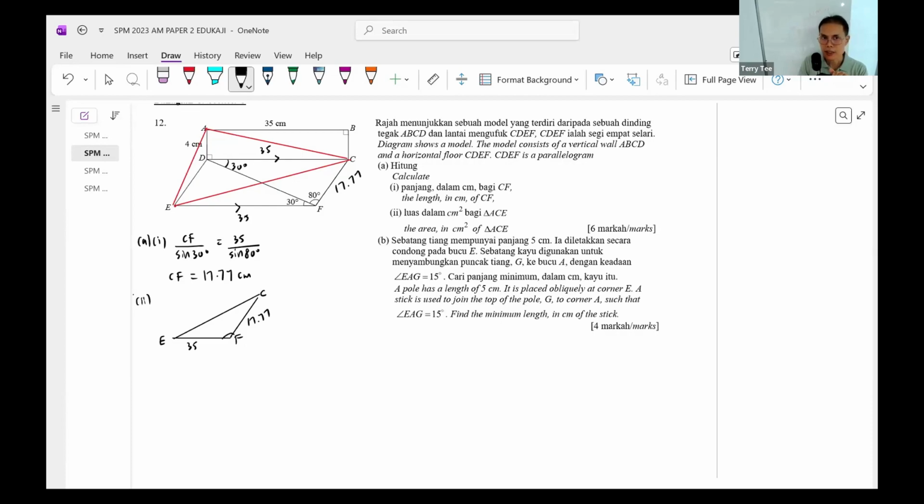This angle is 80 plus 30, 110. How to find EC? What rule is this? Cosine rule. So we take 35 squared plus 17.77 squared minus 2 times 35 times 17.77 cos 110. Find EC.